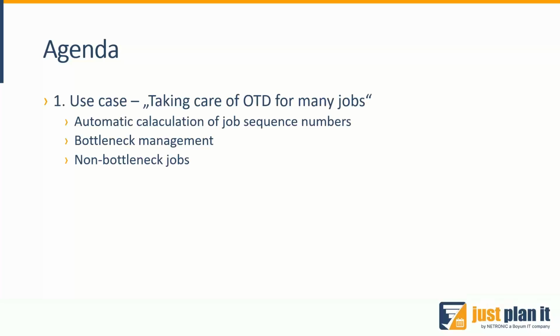Okay, so let's look into today's agenda. I have prepared two use cases that I would like to show to you. The first example deals with a use case that will be very familiar to most of you.